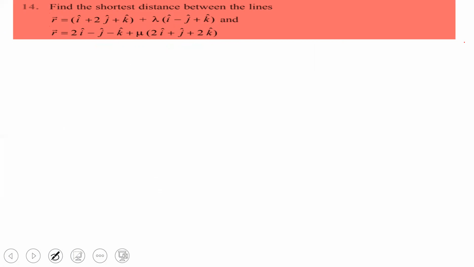Look at here, this is question number 14 from the NCERT exercise of the chapter on lines in 3-dimensional space. Two lines are given. Look at the equations of the lines.